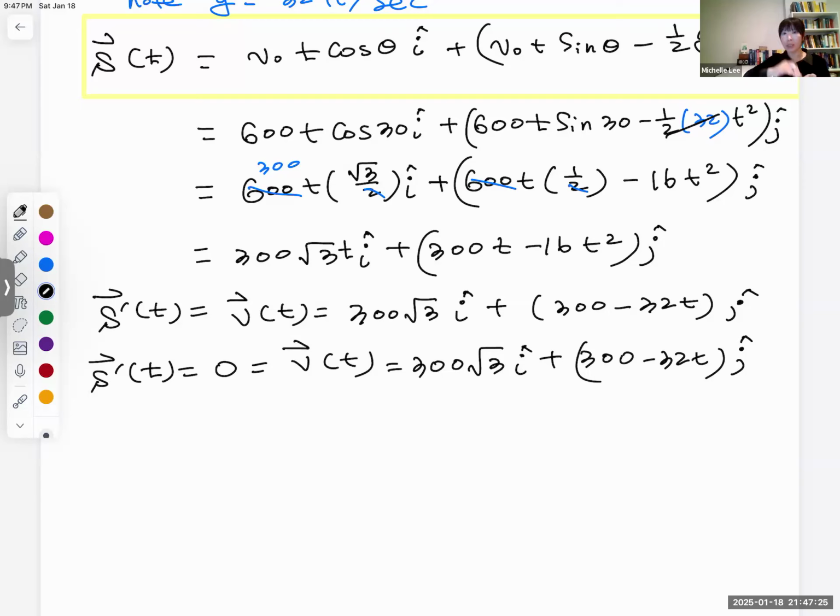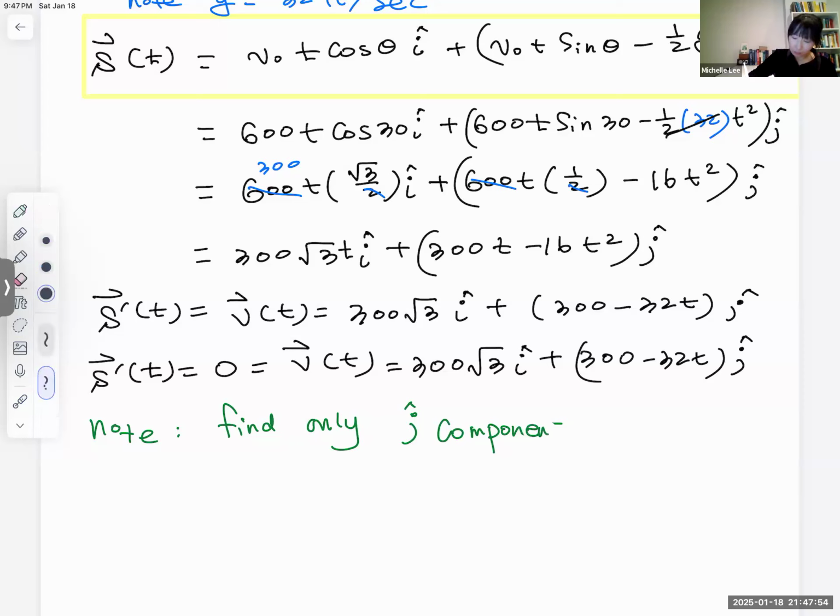So in calculus 3 we have a direction, whether this direction or that direction, right? So we're using only the j component, the vertical distance, the maximum height.